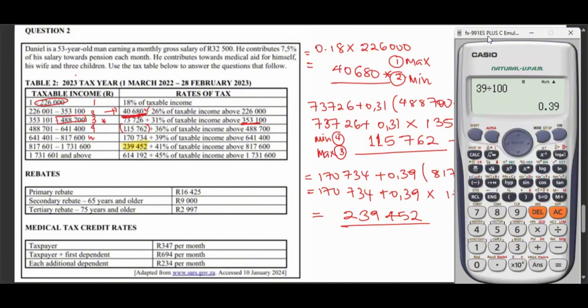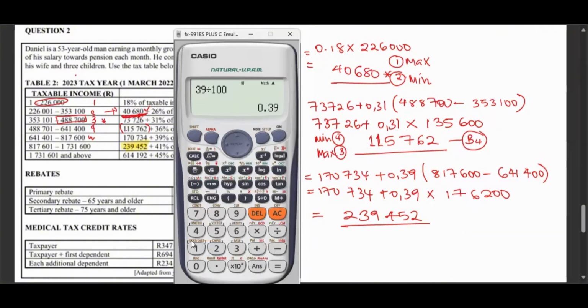Let's put it in the calculator, we see. I'm going to put everything: 170,734 plus 0.39, open brackets, 817,600 minus 641,400 and press equals.